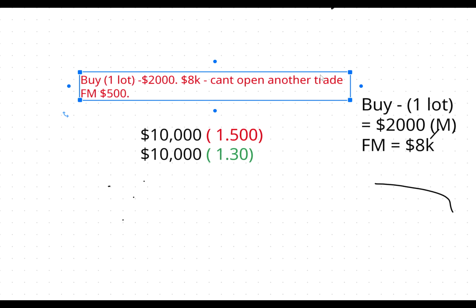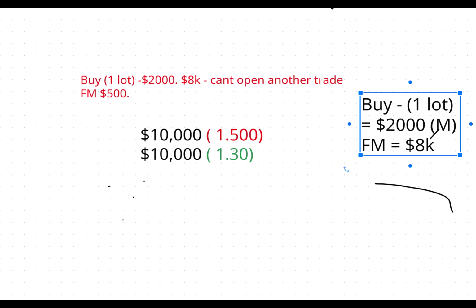So he may not be given much chance again to place another trade using the same one lot. Why does this person use one lot, play the same trade, and may be given more chances to place another trade? Because he has a higher leverage. So the difference between them is all about the leverage they are using.